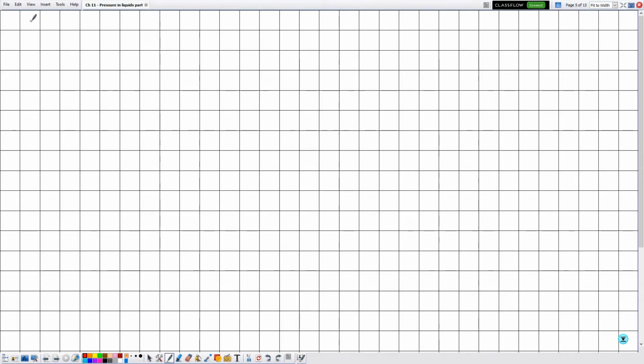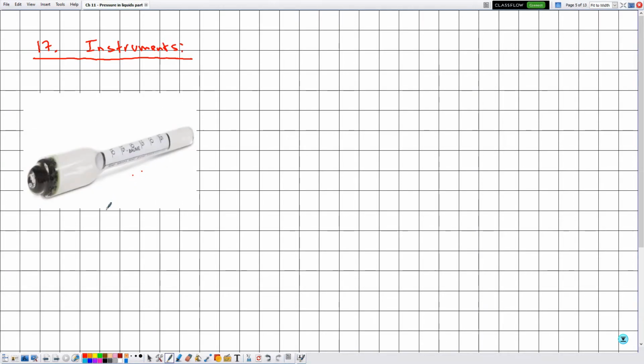Now section number 17, instruments that are related to pressure and densities. So let's start by this instrument.